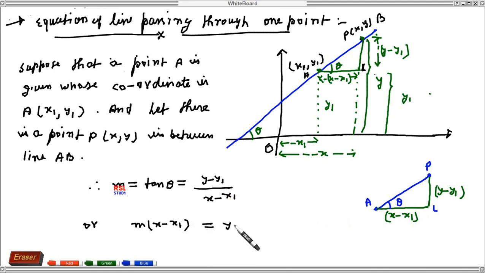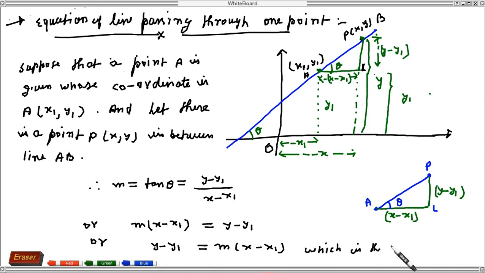Multiplying, y minus y1 equals m times x minus x1. So this is the general equation of a line AB passing through a point x1 comma y1.